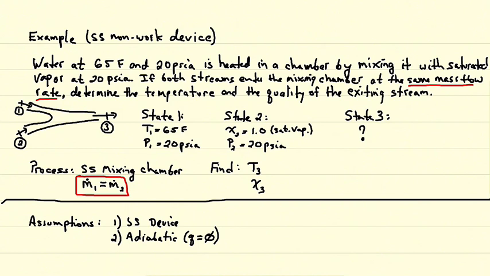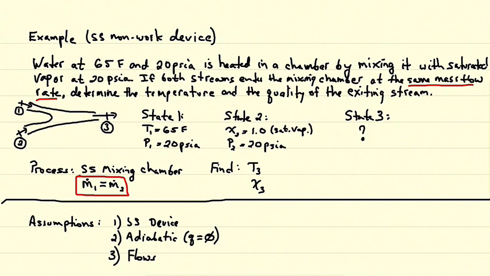Now, there's a third assumption that we can make, and again, this is why we need to rely on that information that was given to us in Lecture 15. The third assumption is that typically the flows all have the same pressure, and that is going to be true in this case as well. We were told explicitly that state 1 pressure and state 2 pressure are the same. And so that gives us a very good reason to believe that state 3 pressure will be the same.